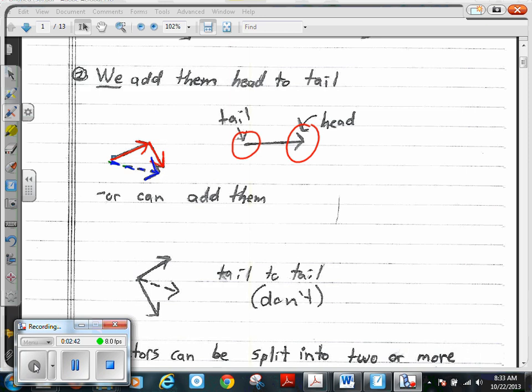You start the tail of the resultant at the origin, and then the head would be at the final position. Okay, so when you're putting vectors together, you add head to tail, but the last vector that shows you what the summation of the vectors is, is not head to tail. It starts at the origin and ends at the head of the last one.